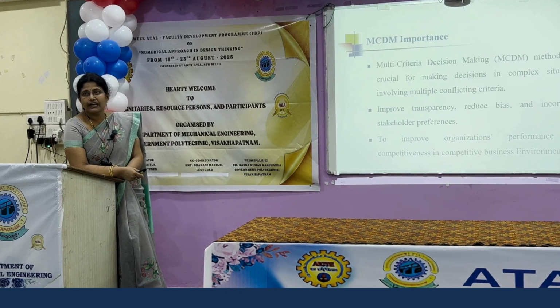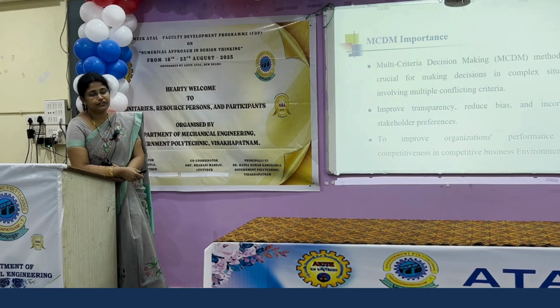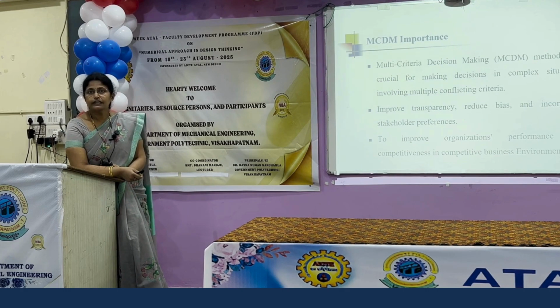So it is purely transparent and reduces bias. Simply by considering one criterion, we won't say that one is best. By considering all the criteria and by calculating some values, we are ranking the alternatives. That's why it will reduce the bias, and it will incorporate the stakeholder preferences, not only depending on a single decision maker.